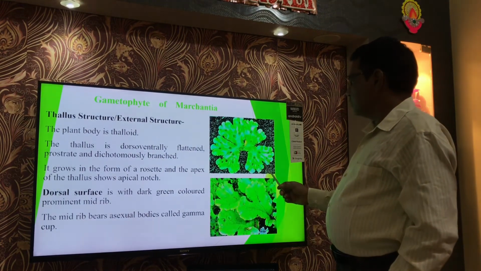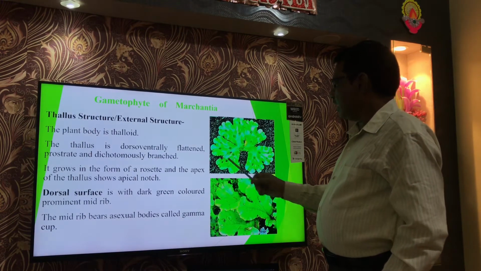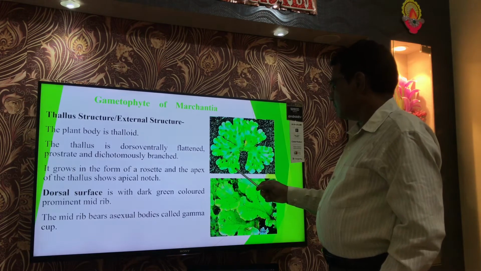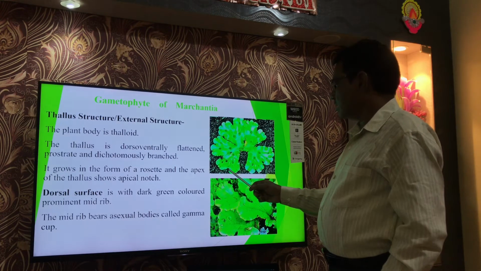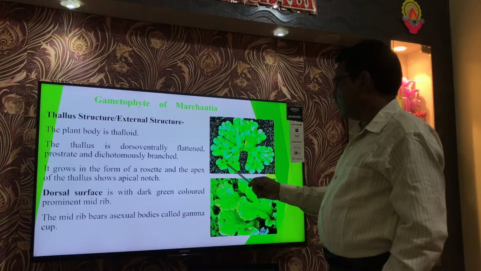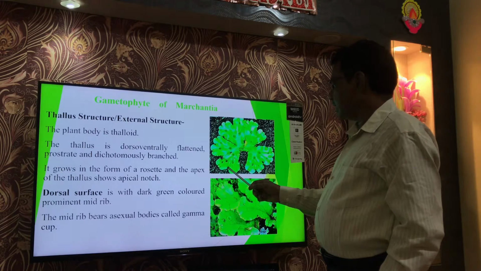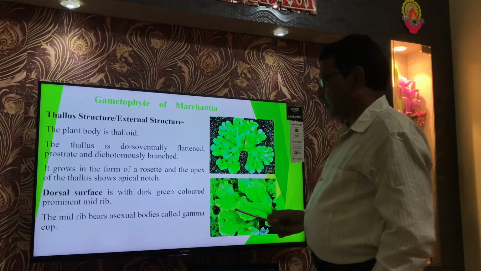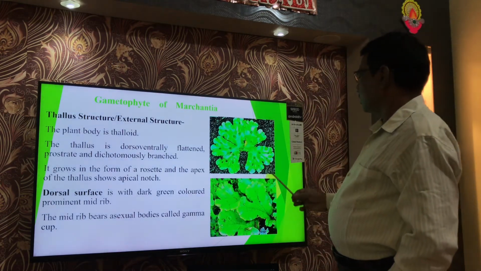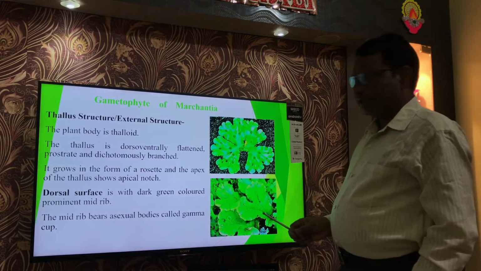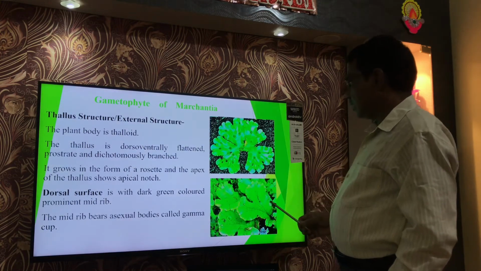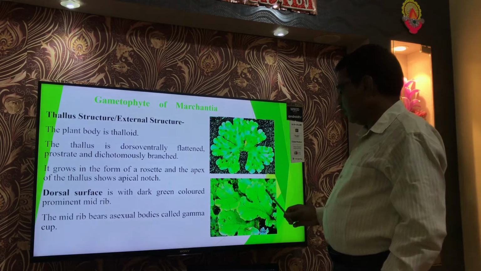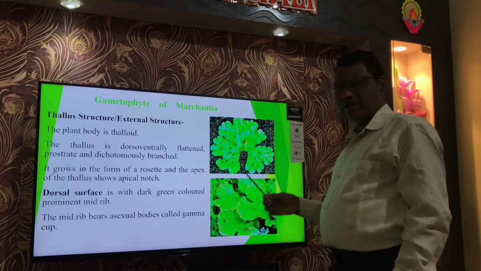And if you observe the apical end of this thallus, each thallus has a prominent notch, either at a dichotomy or even at the tip of a lateral branch. Now, as I have told you, this thallus is dorsiventrally flattened, that means it has a distinct dorsal and distinct ventral surface.